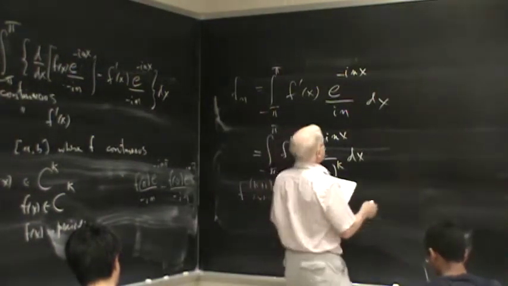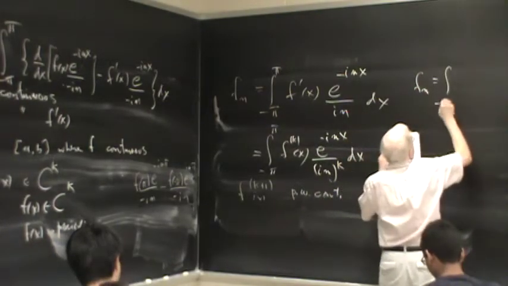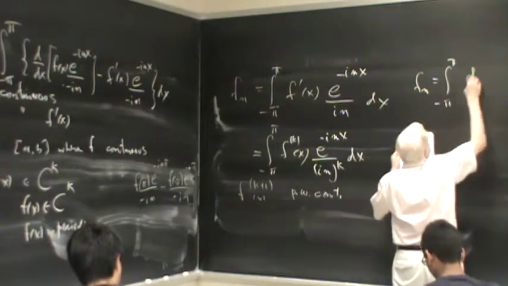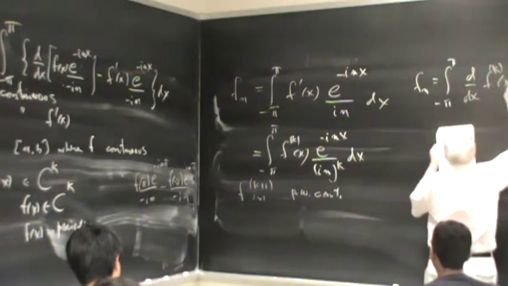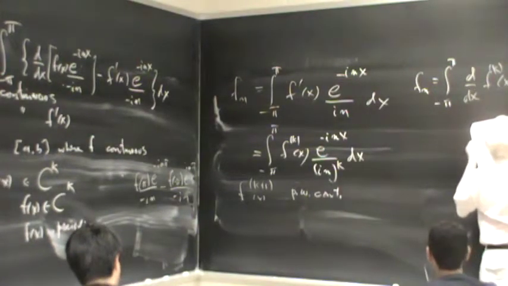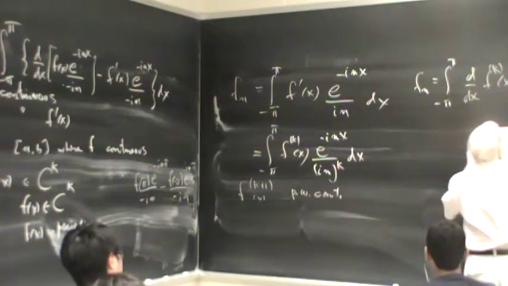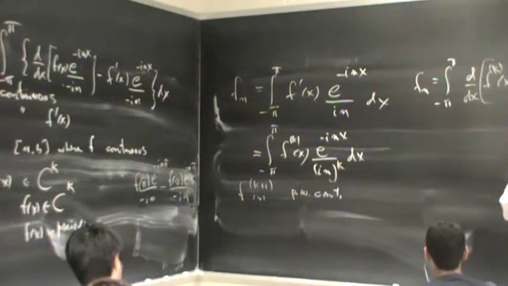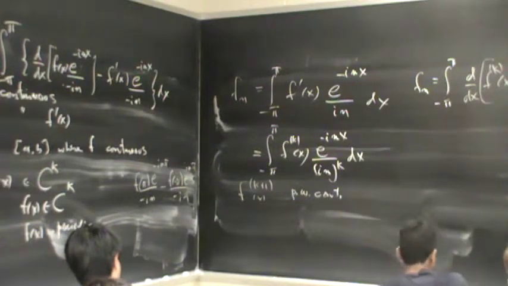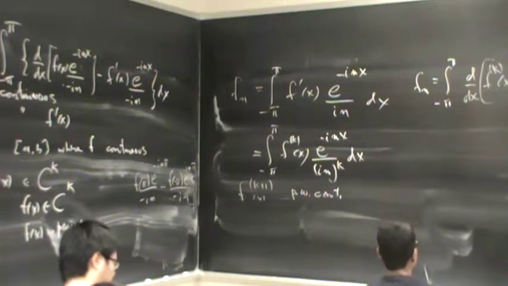What you find is that f_n is the integral from minus pi to pi, and now it's d/dx of f^(k)(x) e^(-inx) over (-in)^(k+1), minus f^(k+1)(x) e^(-inx) over (-in)^(k+1), dx.